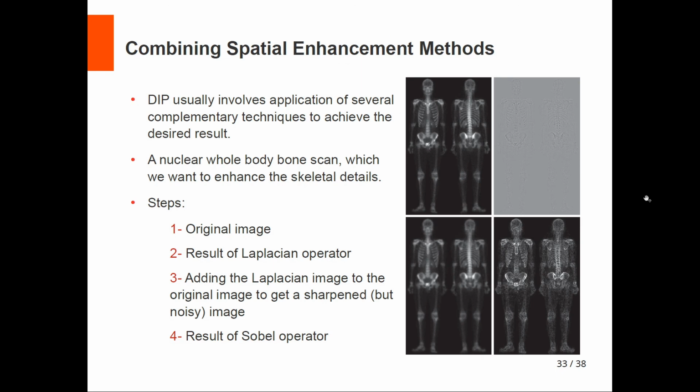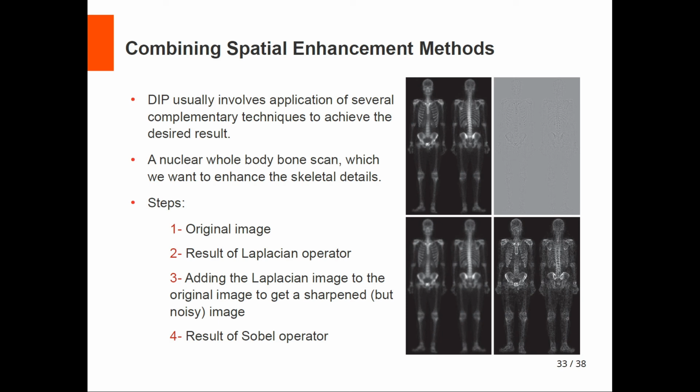So we saw several techniques that are used for spatial enhancement. We saw techniques that only worked on single individual pixels to transform the intensity values to improve the contrast. Also, we saw some spatial enhancement techniques that either smooth or sharpen the image.